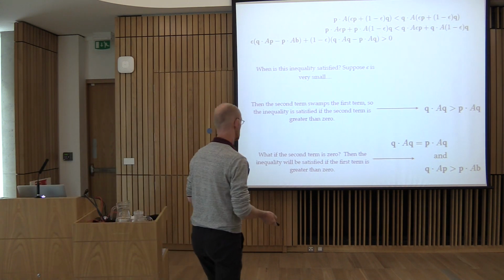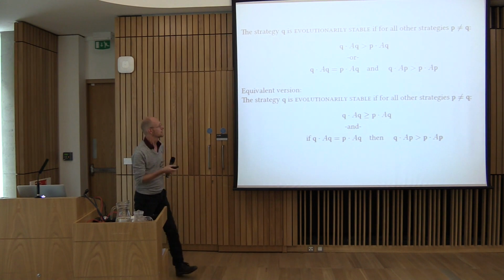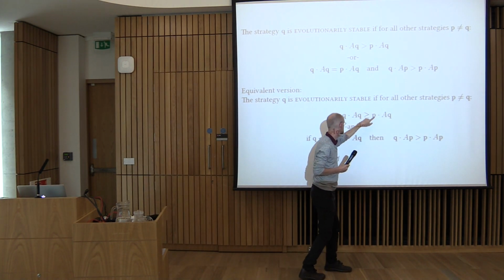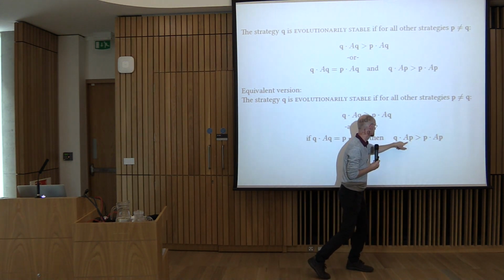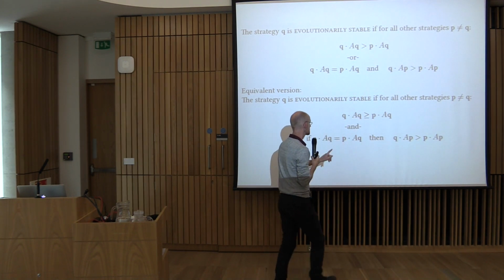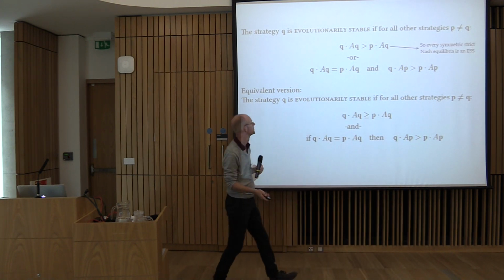Then you can still be an evolutionary stable strategy. Okay, so there are two ways of writing that down. This is the way that I said. You can also say it's a Nash equilibrium, but you playing against the invader is better than the invader against the invader.